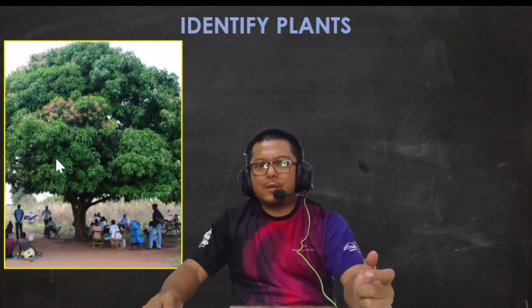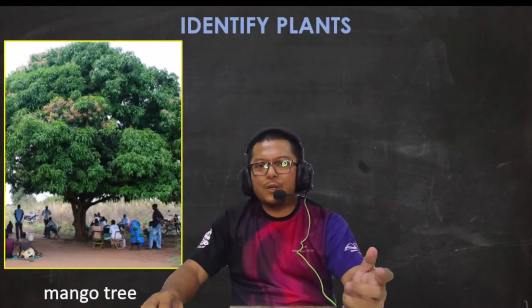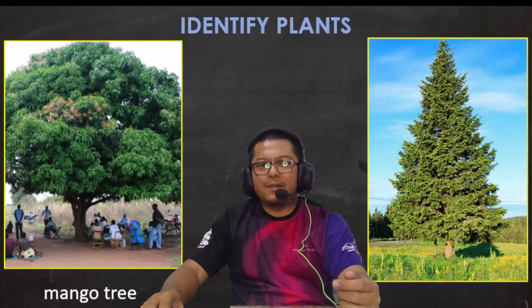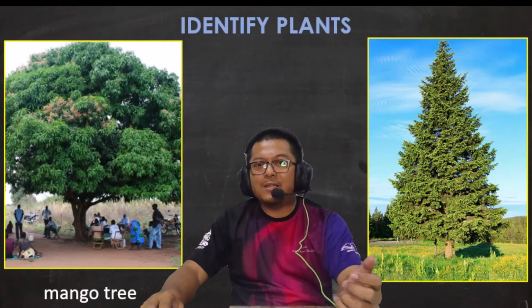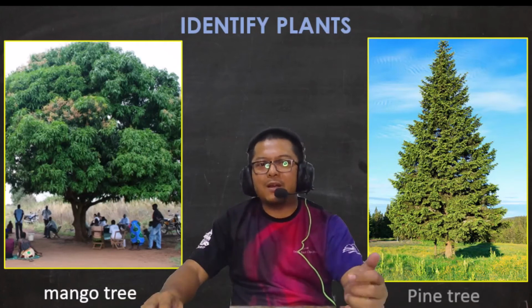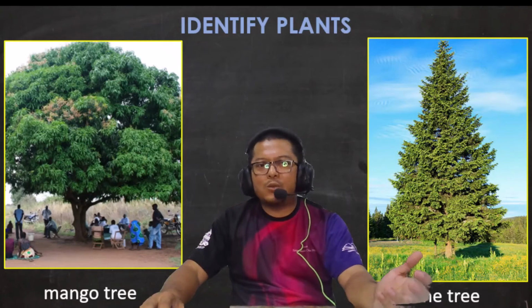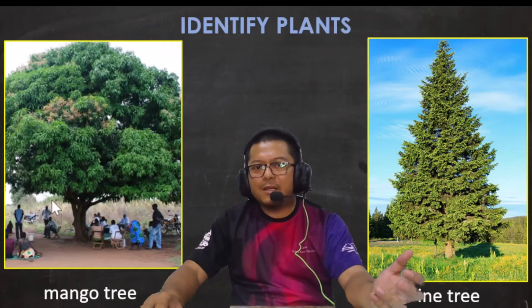Next plant is a big plant. It is called a mango tree. We do have this in our school, maybe in your home. And next we have this. I think we have some variety of this plant. It's called a pine tree.